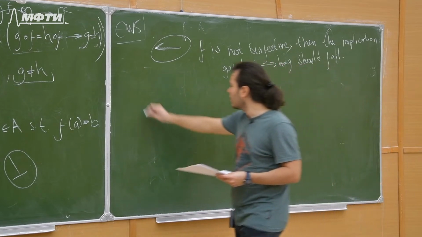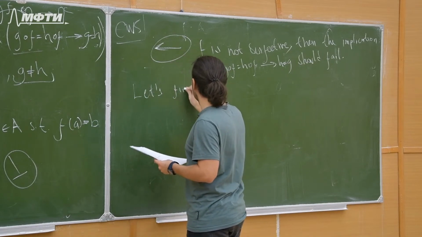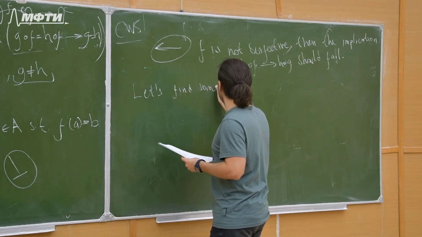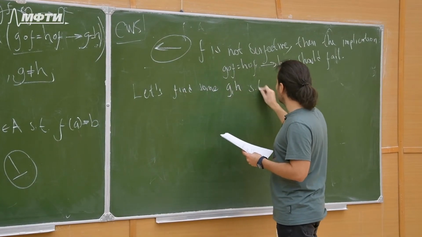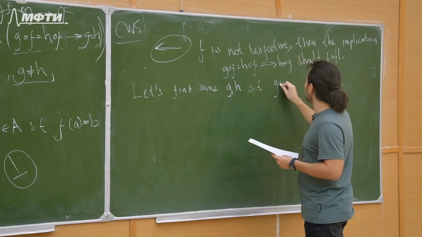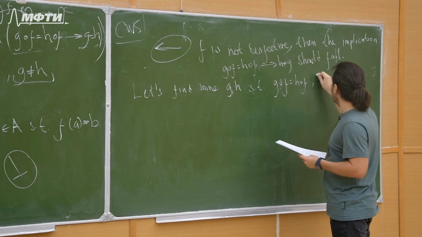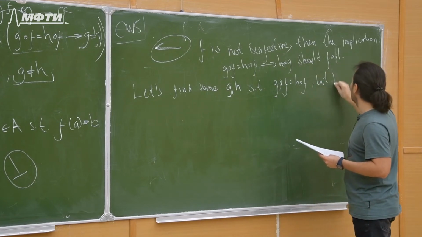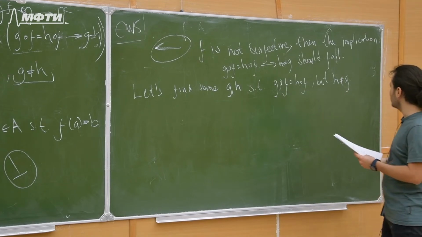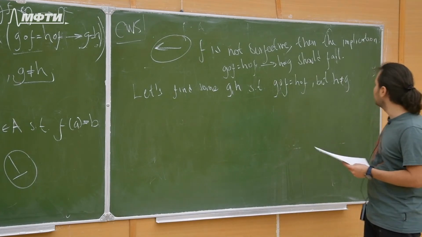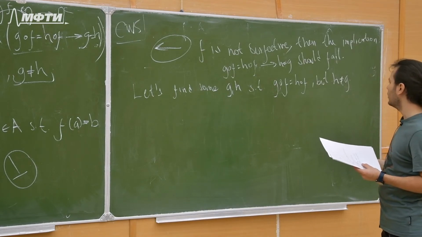So let me write that. Let's find some G and H such that G composition F is equal to H composition F, but H is not equal to G. Yes. So if we can find that, that will be it.